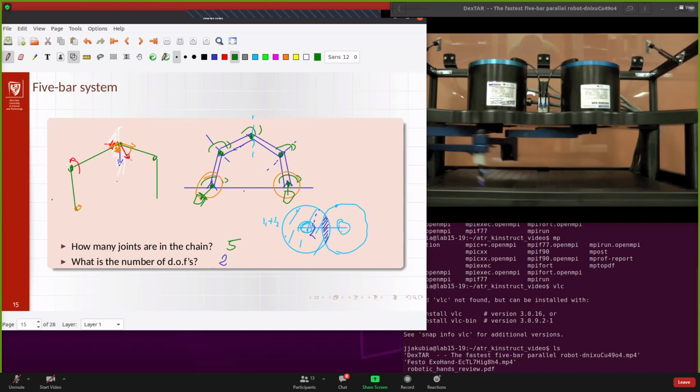However, we say that these joints are independent, but the current state of each joint limits the movement of the second one. Yes.